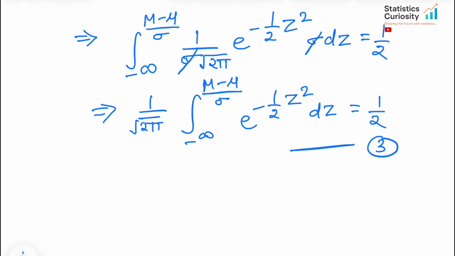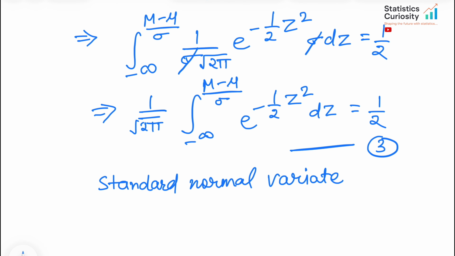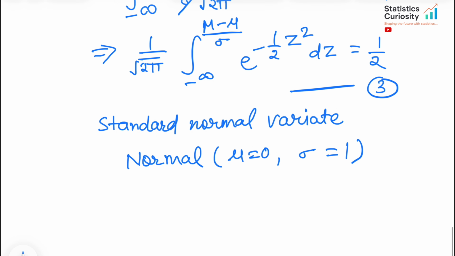Now we will compare this equation to the PDF of standard normal variate. Let's quickly understand what is a standard normal variate. Standard normal variate is actually the normal distribution with mean mu equals to 0 and standard deviation sigma equals to 1. So if you substitute mu 0, sigma 1 in the PDF of normal distribution and replace x by z, what you will get?